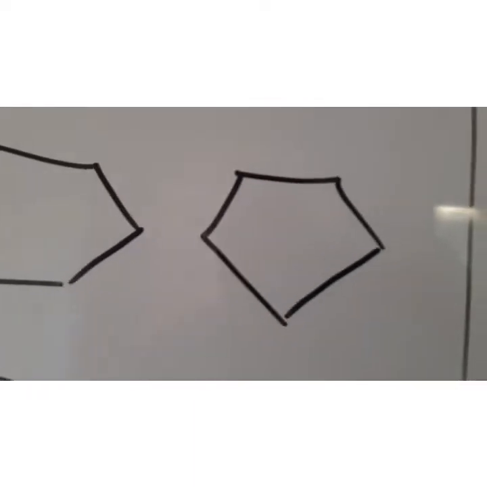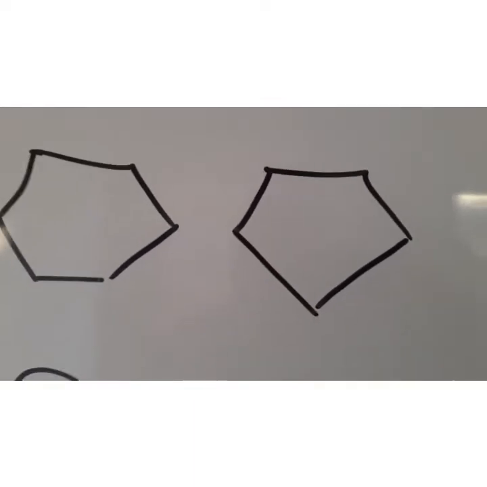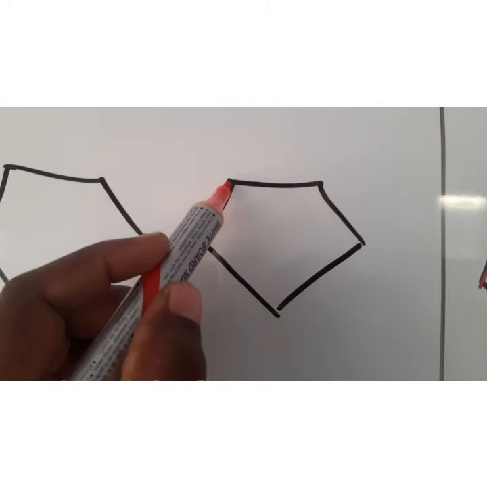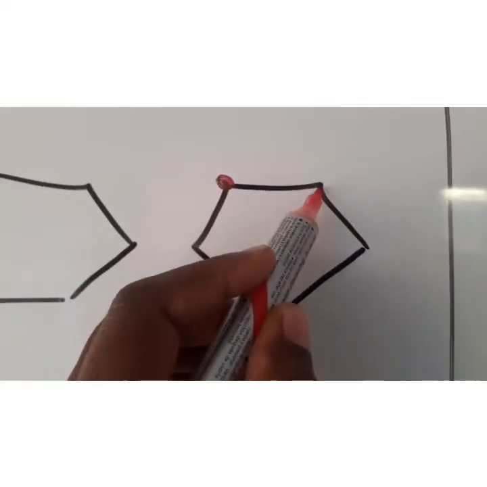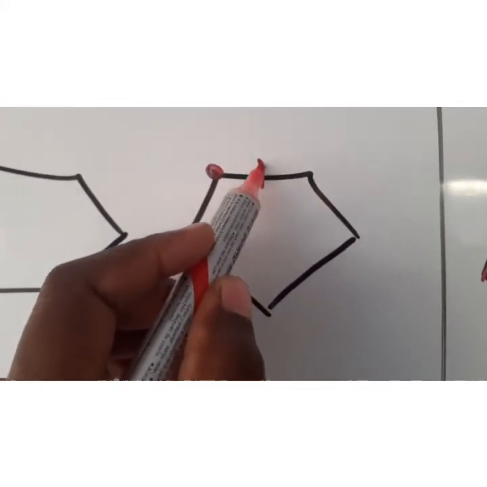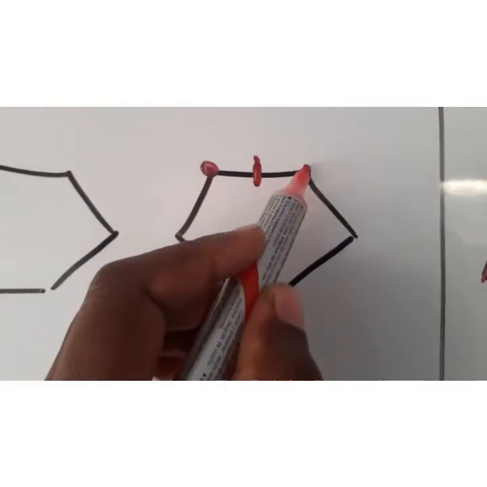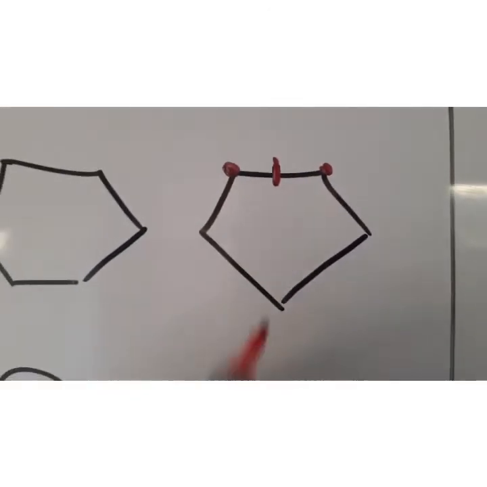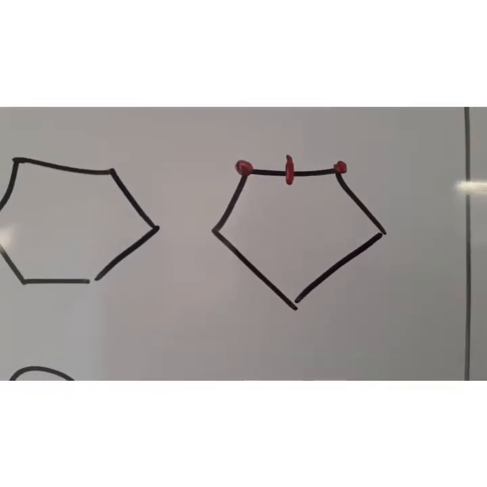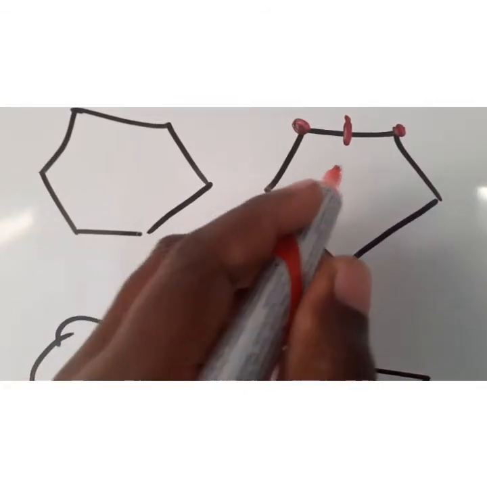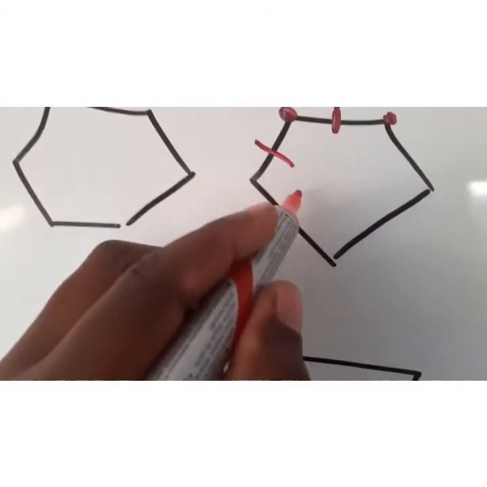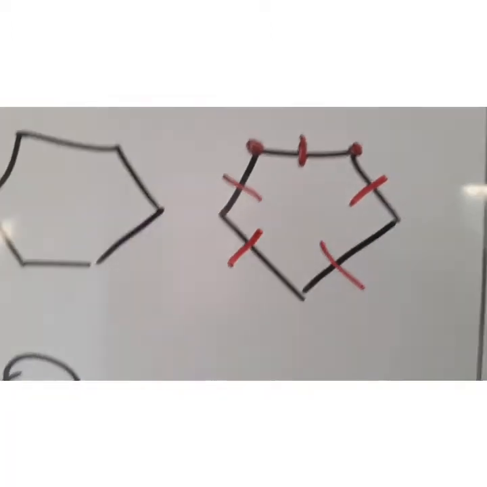So if you look at our 2D shape here, I have this line segment. This is the line segment. It's joining two vertices at these two points. So this becomes my edge. So in this case, I have 1, 2, 3, 4, 5 edges.